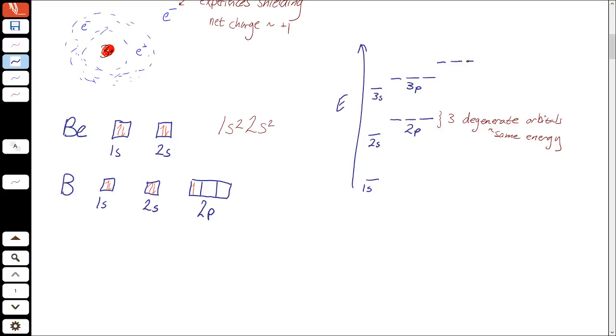And now we can also get the 3d, which has 5 orbitals, because of the now possibility of L equals 2. Okay, so this is the general order of energy.